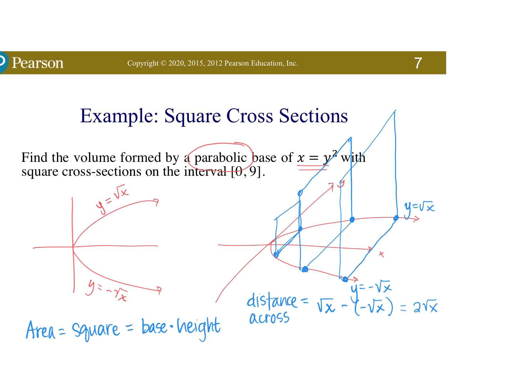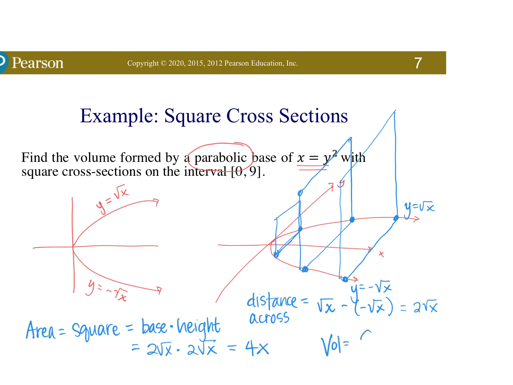And so what will the height be if it's a square? 2 rad x. So this would be 2 rad x times 2 rad x. In other words, 2 times 2 is 4. Rad x times rad x is plain x. That is the area. Now, we should be able to turn that into volume pretty easily.